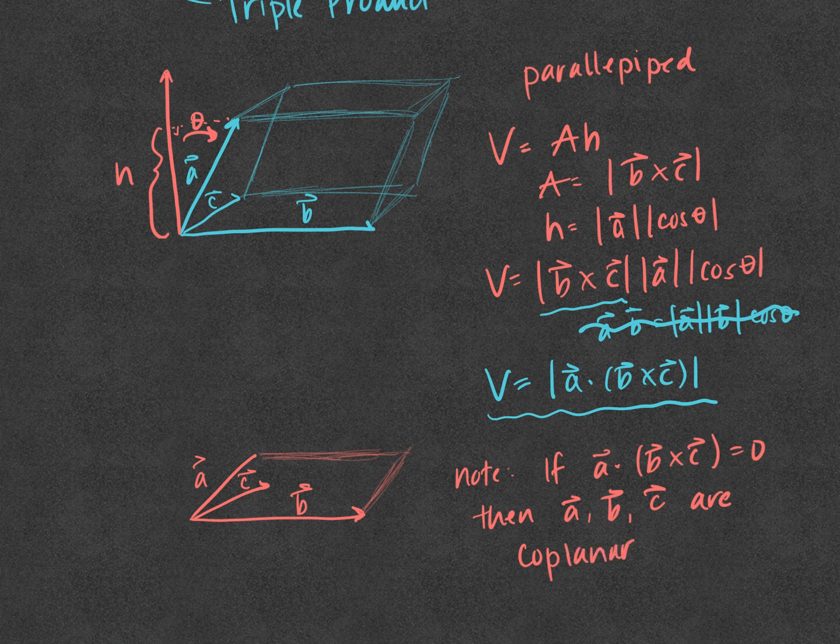So we have an example. And the example says, use scalar triple products to show that the following are coplanar. So rather than write all that out, I'm going to say, are they coplanar? We're going to let A be the vector 1, 4, -7.